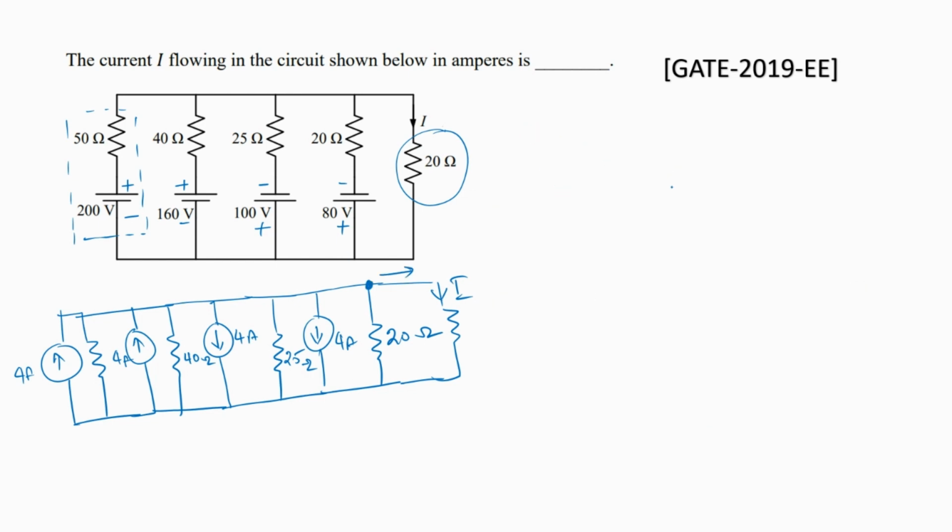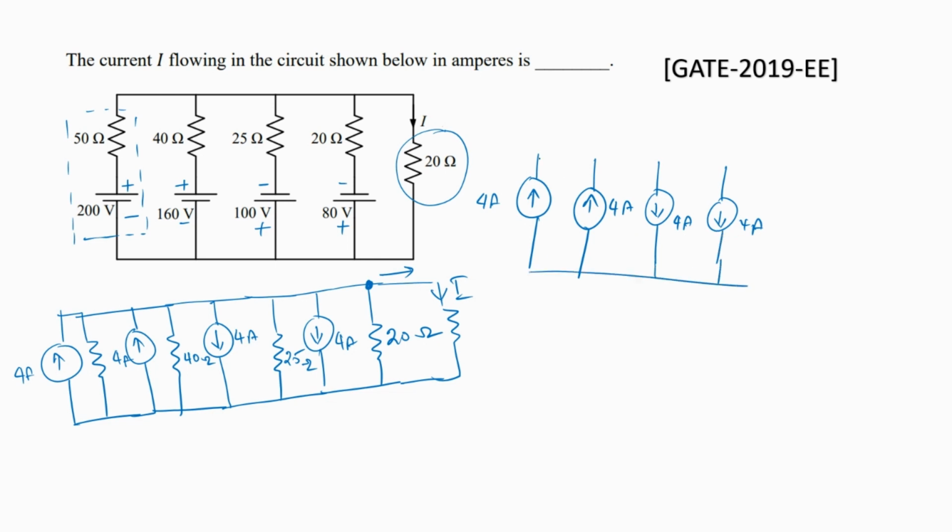In order to make it look a little simpler, let's put all the current sources together. So this is the first 4 amps, this is the second 4 amps, this one pointing downwards is the third one, and this is the fourth 4 amps.